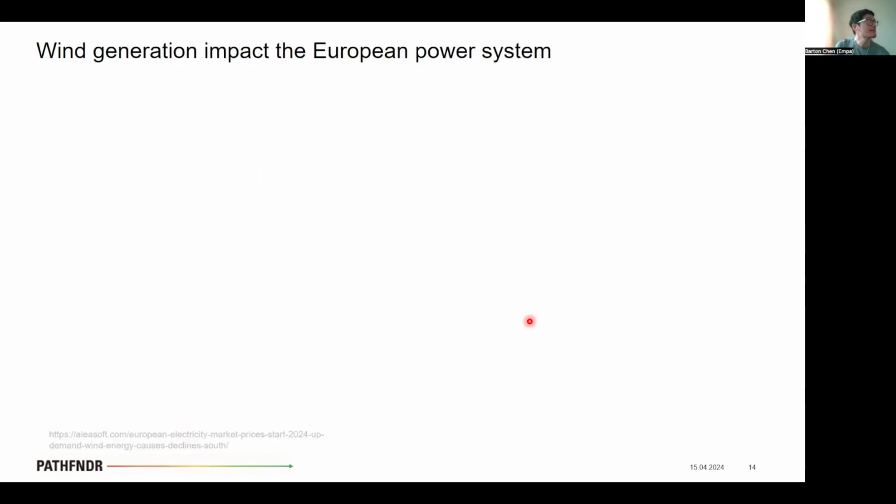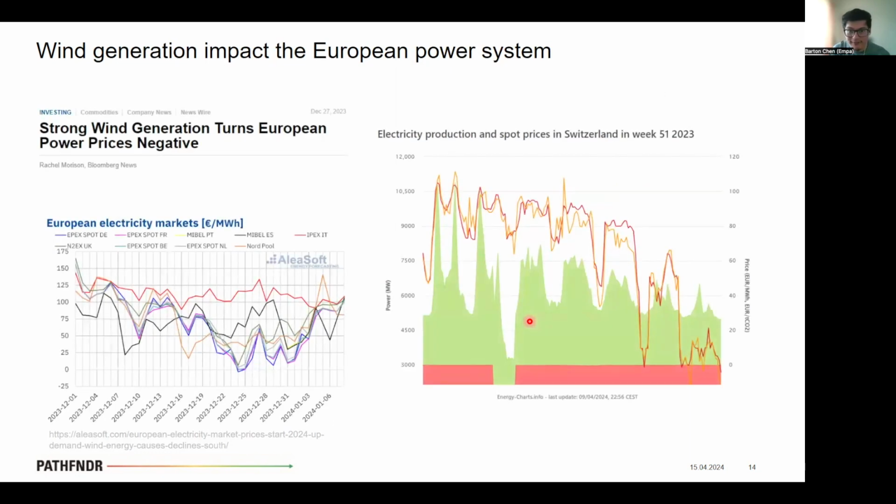And the last two slides I have: why is this linked to the Switzerland we have here? You can see there's news that last winter when the wind was blowing really strong in Europe, it had a significant impact on the electricity price everywhere in Europe. The prices dropped in many countries, including in Switzerland.